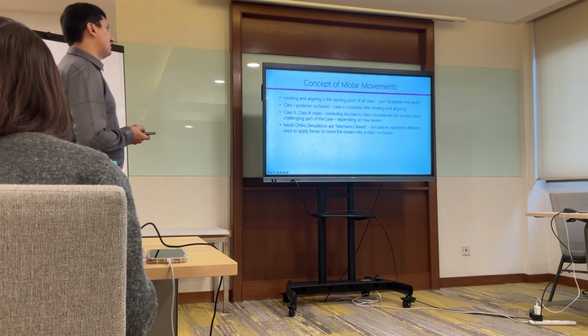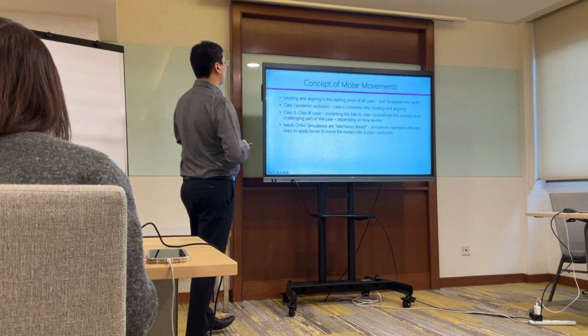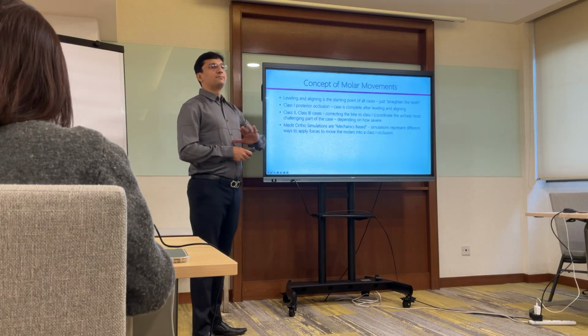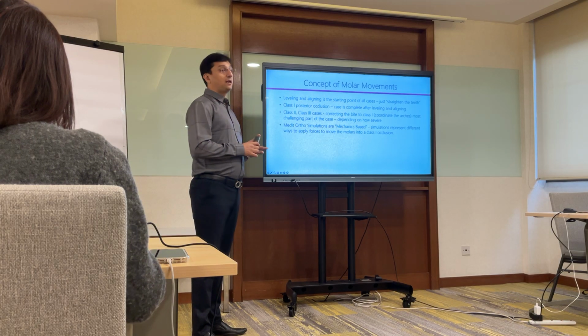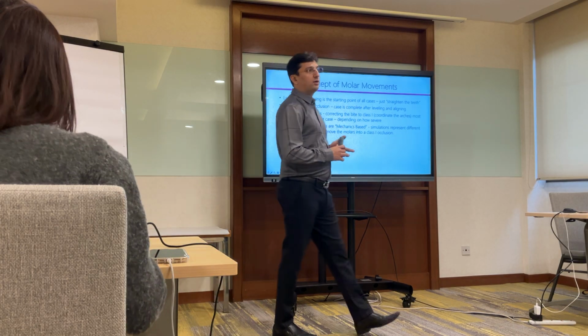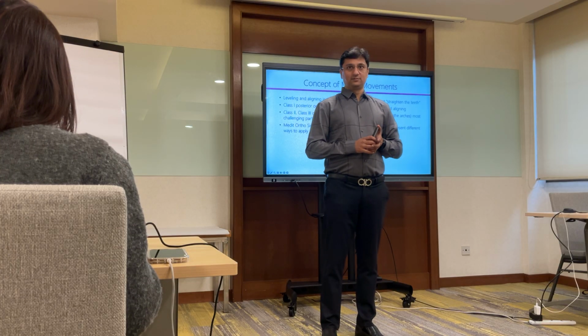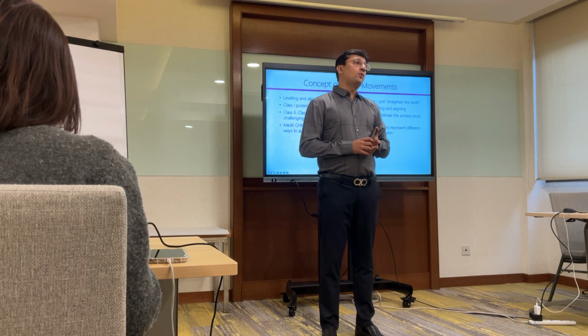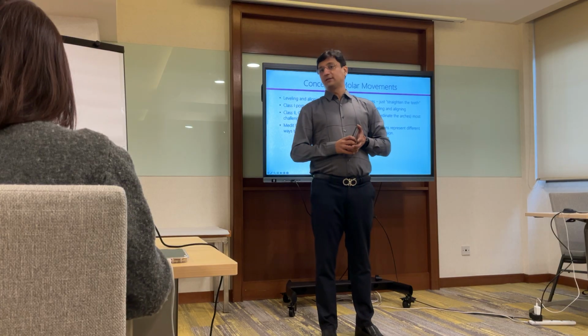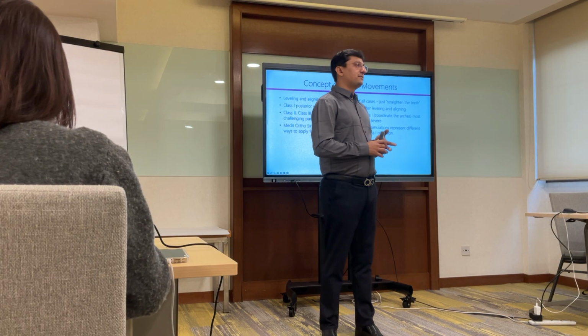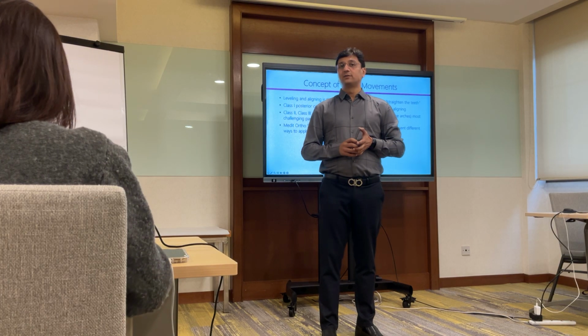Leveling and aligning is in class 1. If your class 1 posterior occlusion case is completed with level and align, this technique is called a one-wire technique. You write it down. One-wire technique means you start the case and complete the case entirely with just one wire.